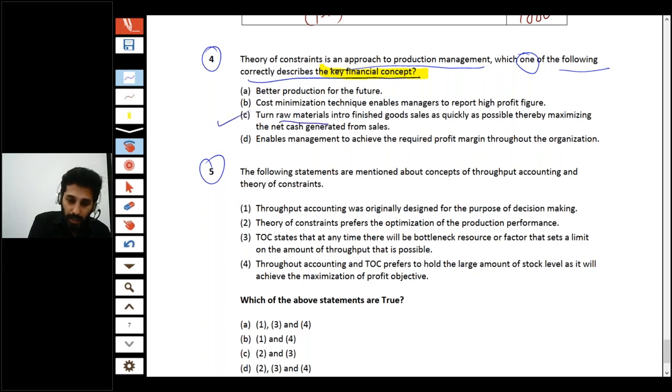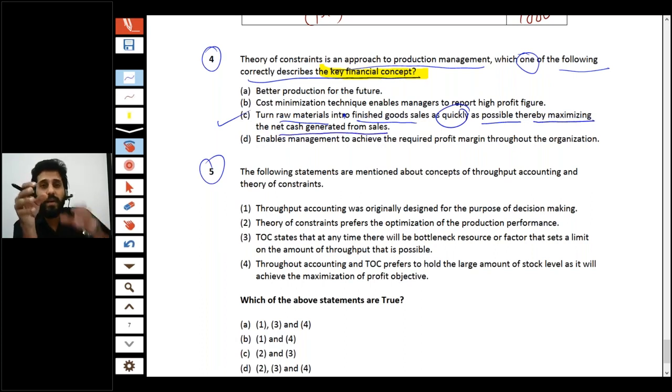Turn raw material into finished goods as quickly as possible, thereby maximizing the net cash generated from sales. Because when you are able to quickly turn raw material into finished goods, you will be able to sell it as quickly as possible, maximizing the net cash generated from the sales.